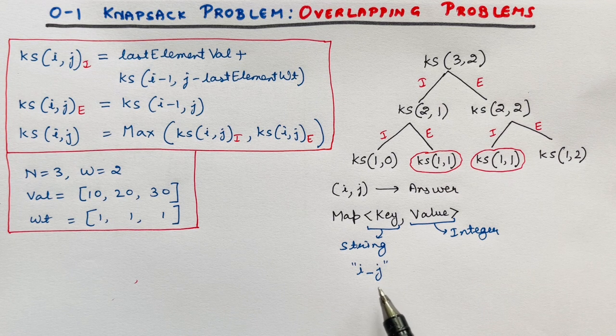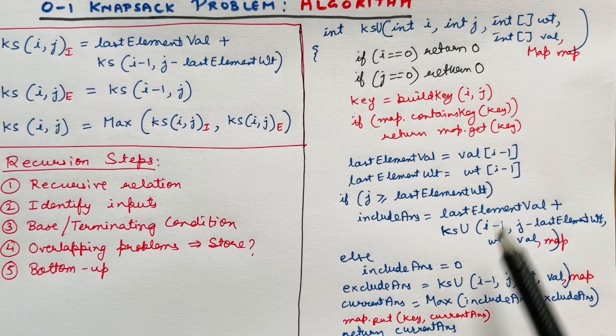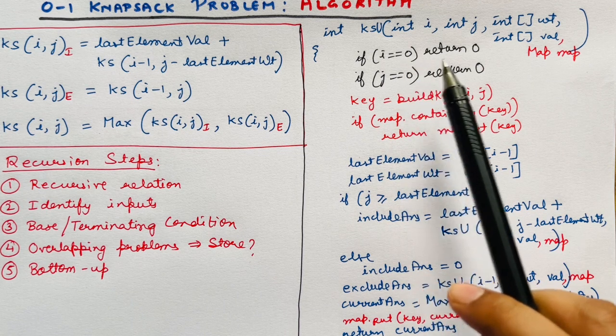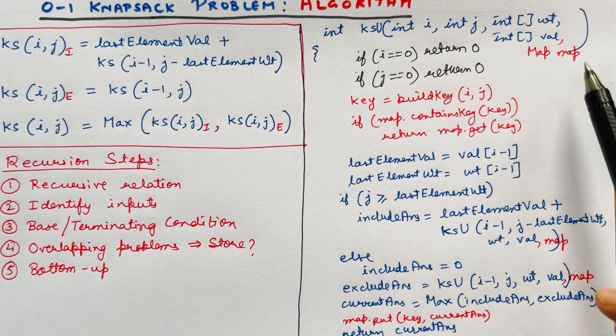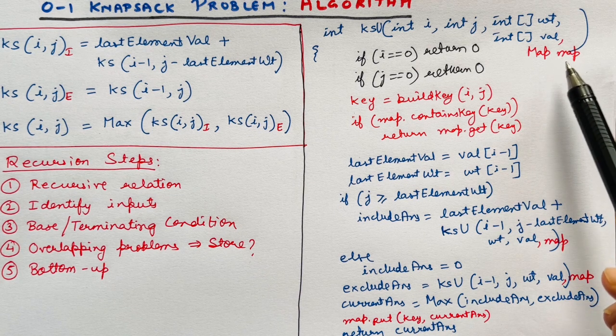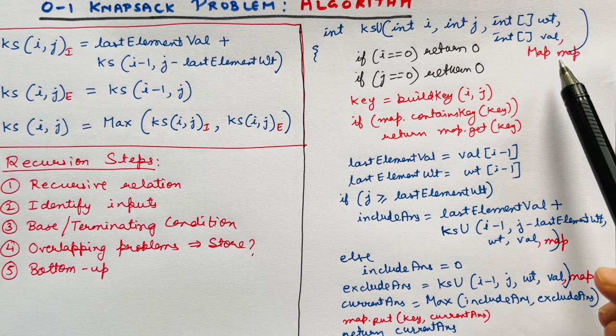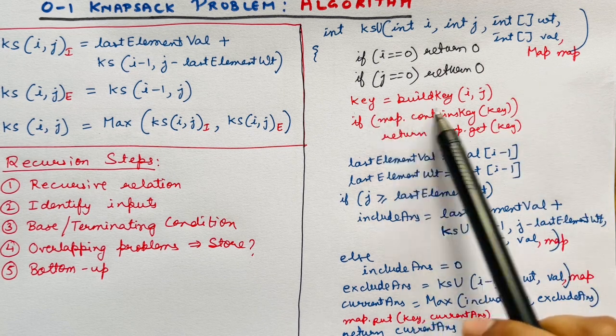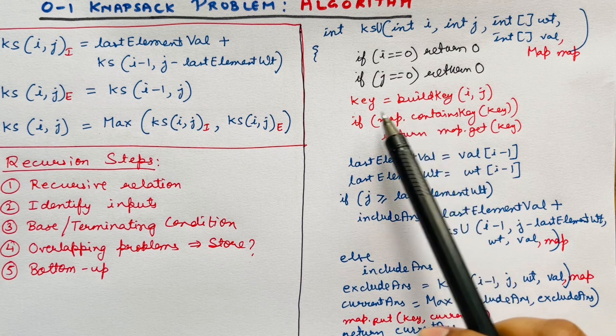Okay, so now we have this map and we know how to solve this problem. So let us see how does having this map change our algorithm. Now we have a new parameter into this method. So wherever we are calling this method, we will add this new parameter as well. This map is of type string, integer. Our key is a string data type. So we will have to build our key using i and j somewhere.